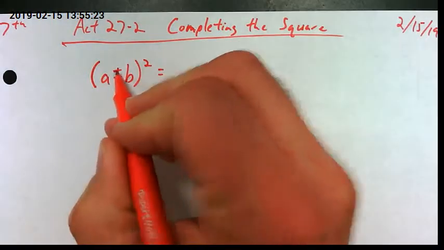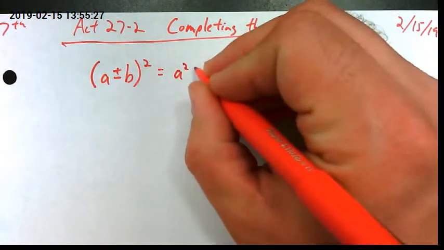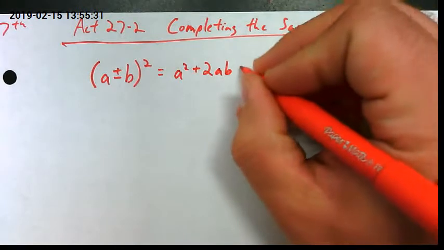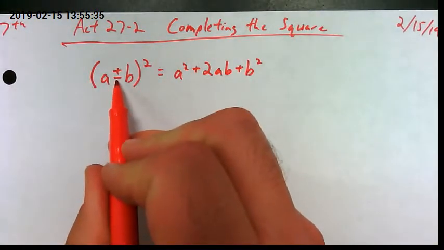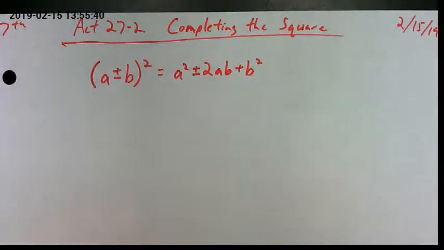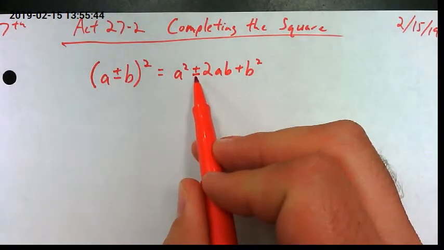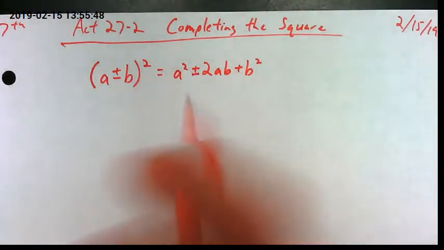If it was addition, then you'd end up with a squared plus 2ab plus b squared. If it was subtraction, that would be the sign that gets affected. So again, this has a direct correlation to this. If that's plus, this is plus. If that's minus, this is minus.